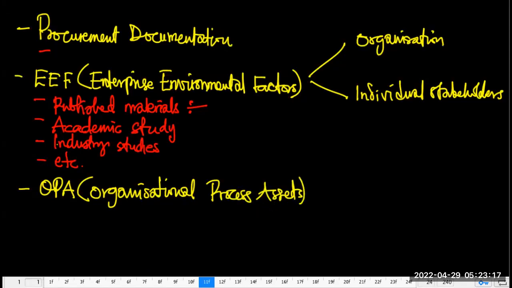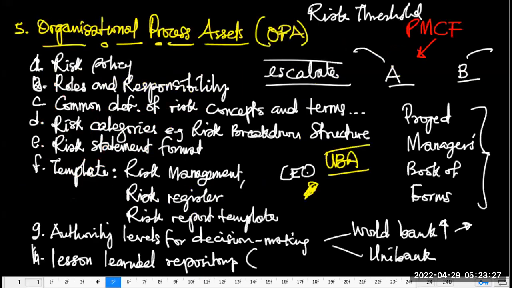What did we say about the organizational process assets when we were discussing the first step, plan risk management? This is it. These are some of the assets we needed when we were planning risk.